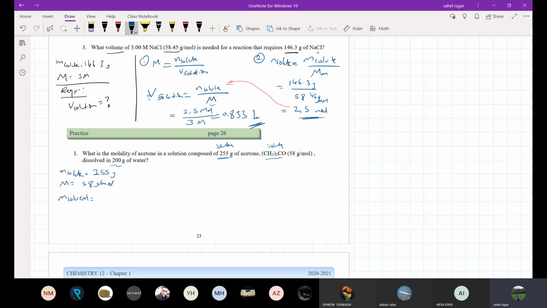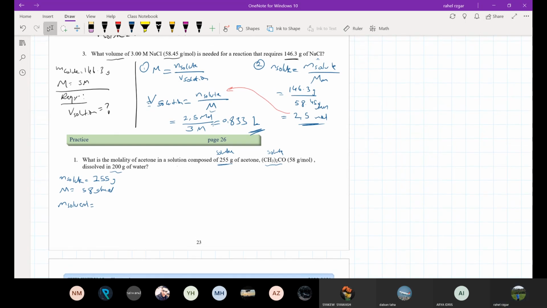If you remember, we said from the rules, mass of solvent always must be in kilograms. Then this one is given in grams. It's 200 grams. You have to convert it to kilograms. How do you convert gram to kilogram? You will say 200 divided by 1000, because gram is a small unit, so it has a bigger number.